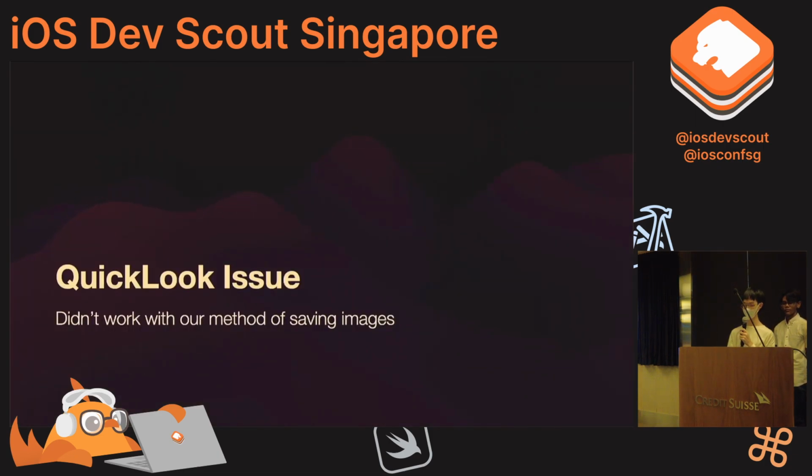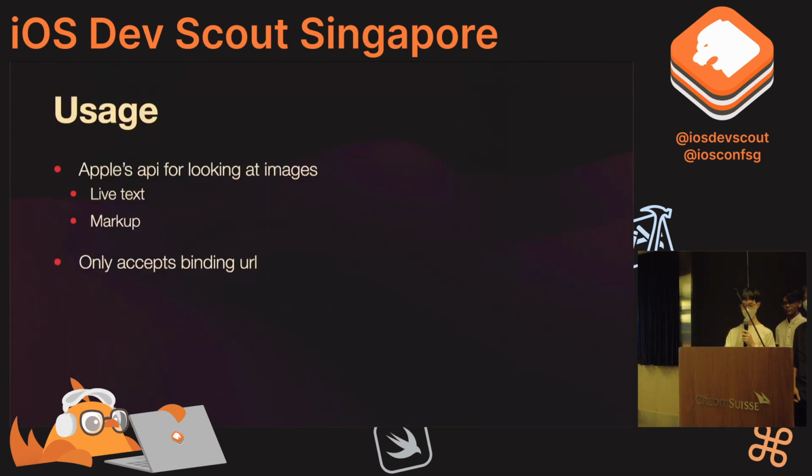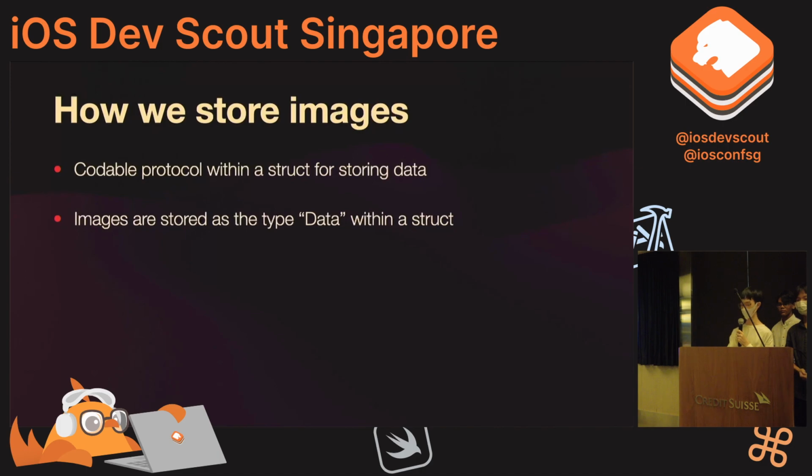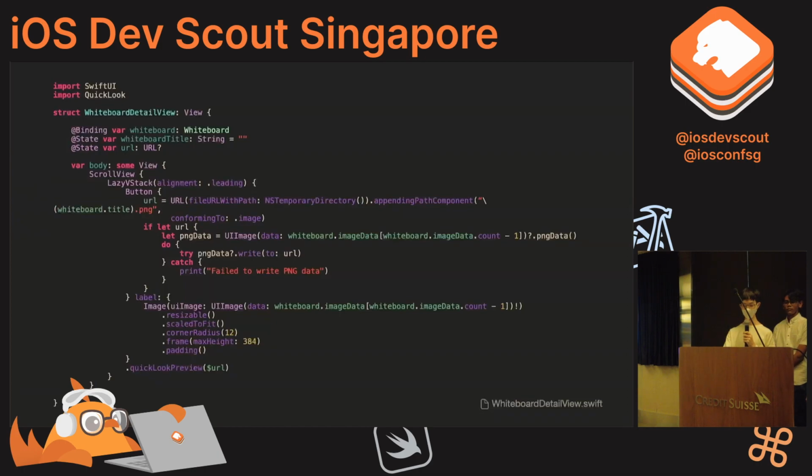So another issue that we faced was Quicklook. Quicklook only accepts a binding URL, but our images were stored in our struct as data, the type Data, which is a problem.